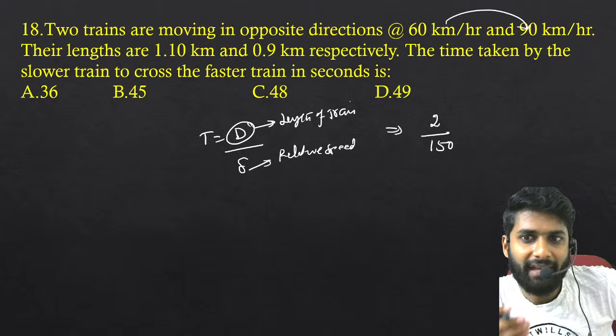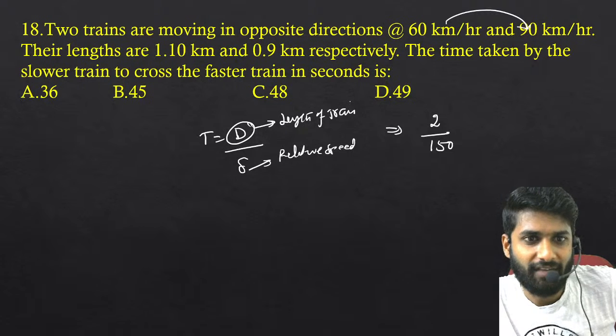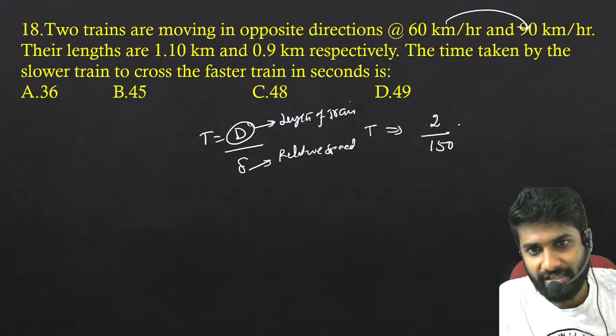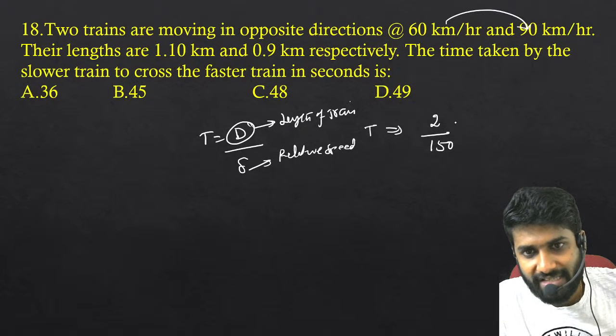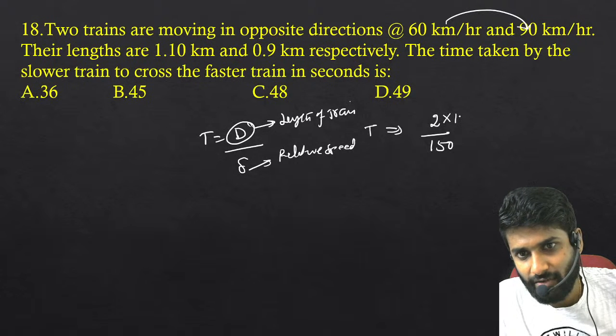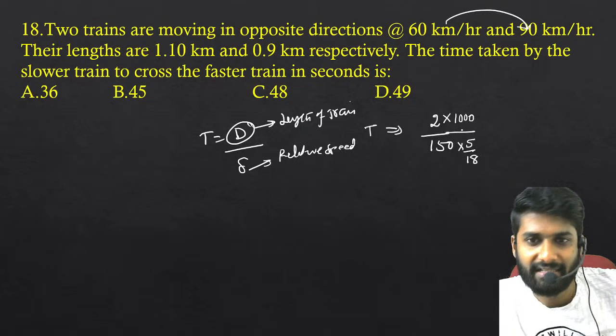Now, the time taken by the slower train to cross the faster train is T, which we are calculating. Now you should convert these values. The 2 kilometers is converted into meters, multiplying by 1000. Converting the speed into meters per second, multiply by 5 by 18. That is the overall information.